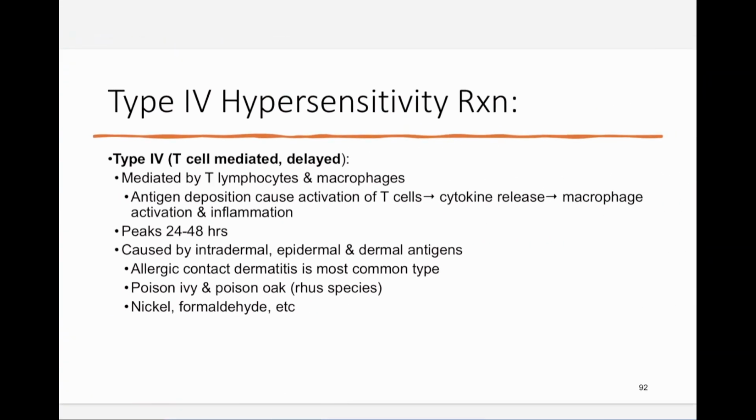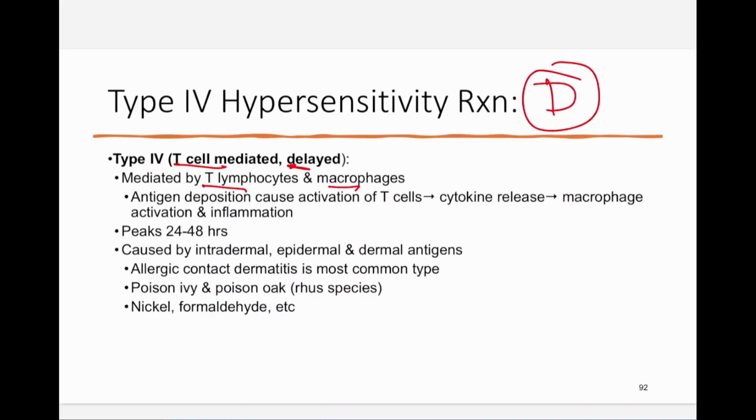Here's your type 4 hypersensitivity reaction. This is T cell mediated, also known as delayed. That's why this one's the D, it's delayed. Okay, this is mediated by T cells, T lymphocytes, and macrophages. Type 1 was IgE, type 2 is IgG and IgM, type 3 was immune complexes, type 4, T cells.